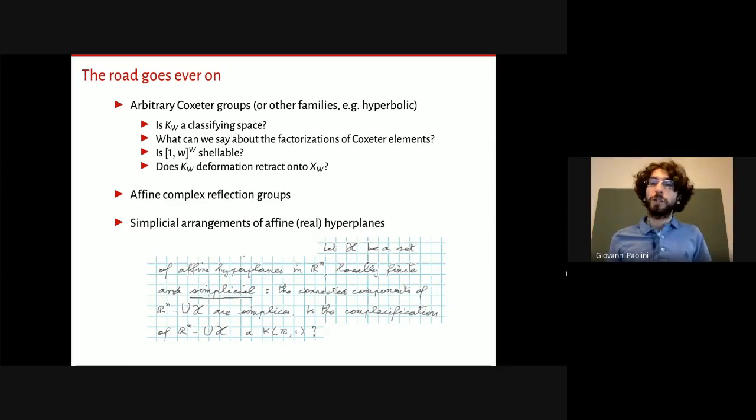And so in the finite case, Deligne actually proved the K-pi1 conjecture in this more general setting of simplicial arrangements, not just for finite reflection groups. So he rightfully asked if you can drop this hypothesis also in the affine case and do this for simplicial affine arrangements.